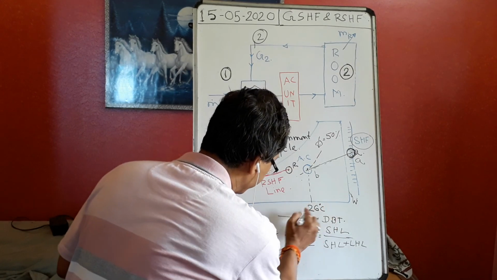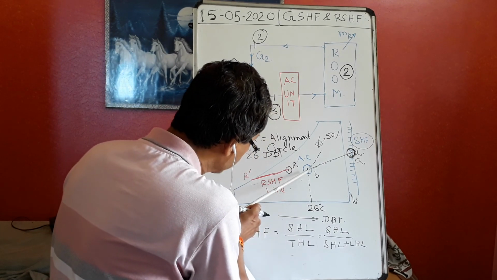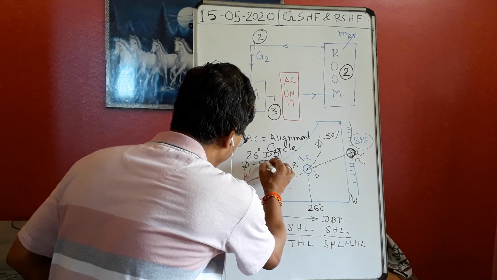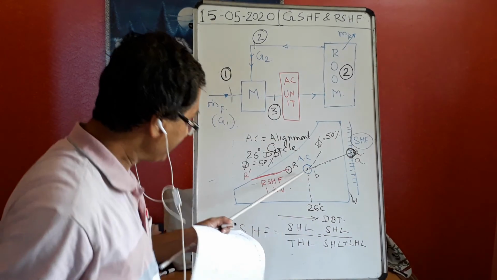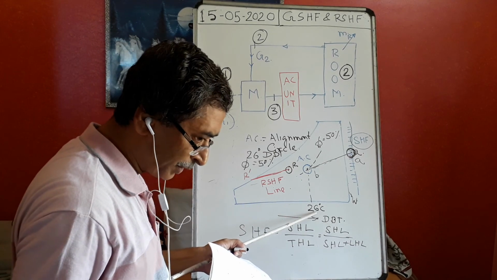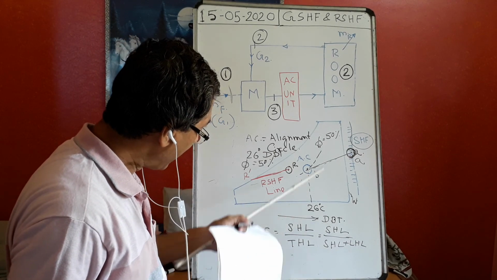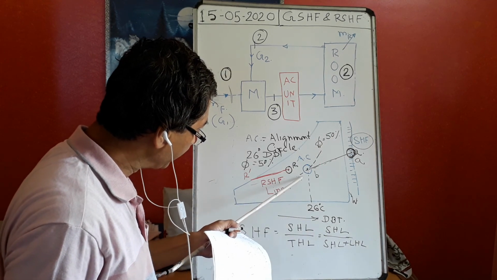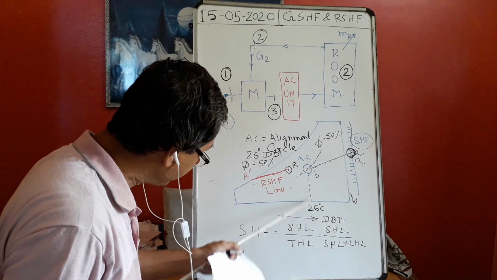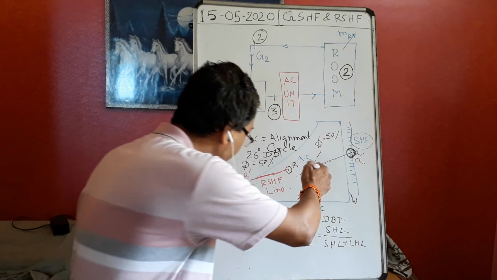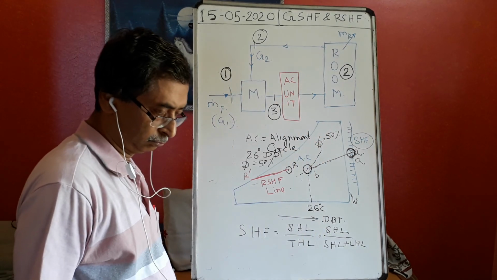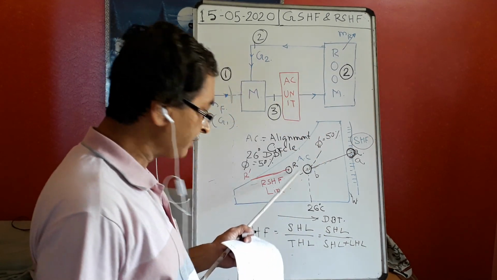Suppose this is the 26 degree, and phi is 50%, that means relative humidity. So the alignment circle corresponds to a temperature of 26 degree centigrade DBT and 50% relative humidity. Where the 50% relative humidity line and the 26 degree DBT line intersect, that point is the alignment circle.